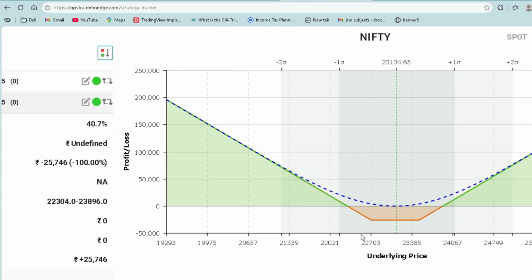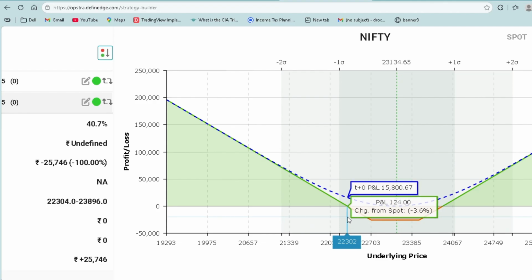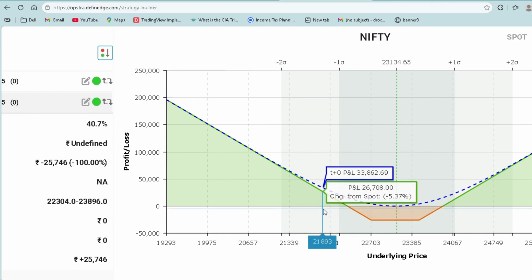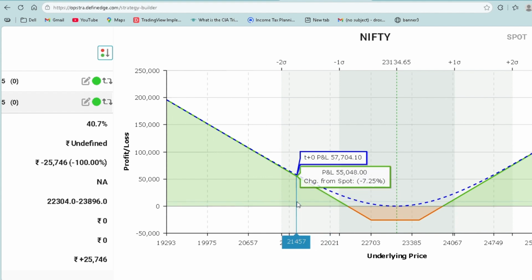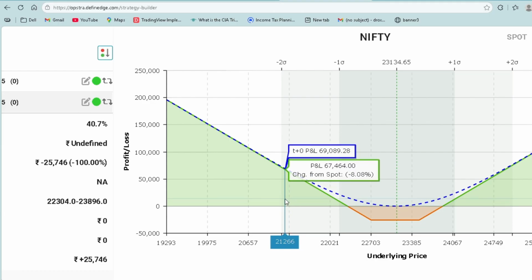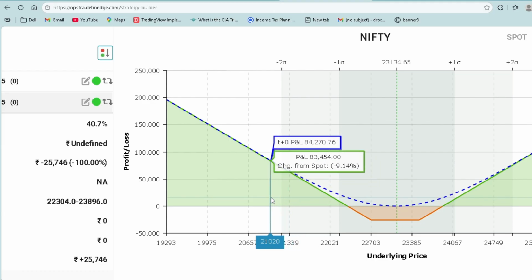And when will he be in profit? He will be in profit when market trades below this level, that is 22,304. And at expiry, if market closes below this level, a trader will be in profit and his profit will increase. The more market falls, the more money a trader will make. So the profit is unlimited.